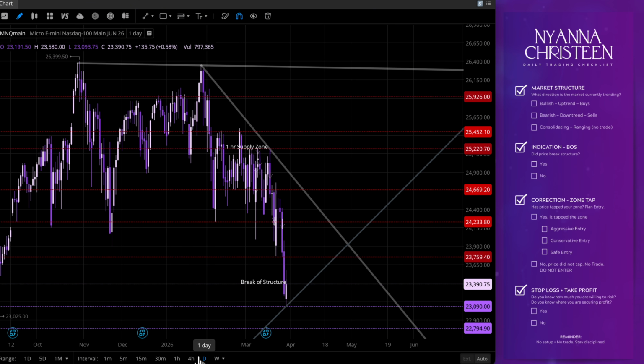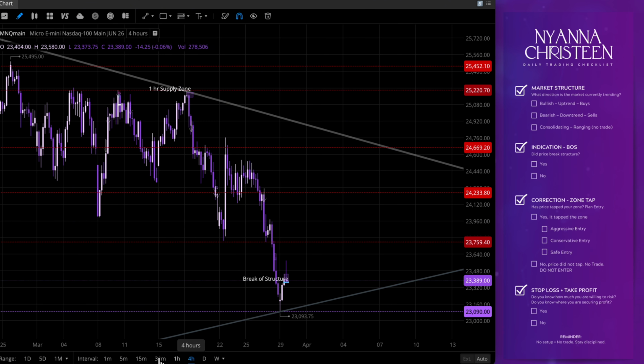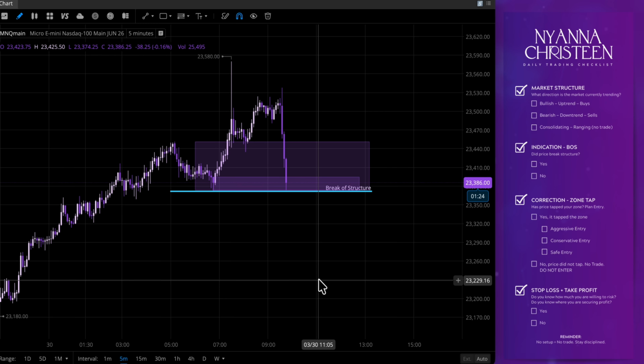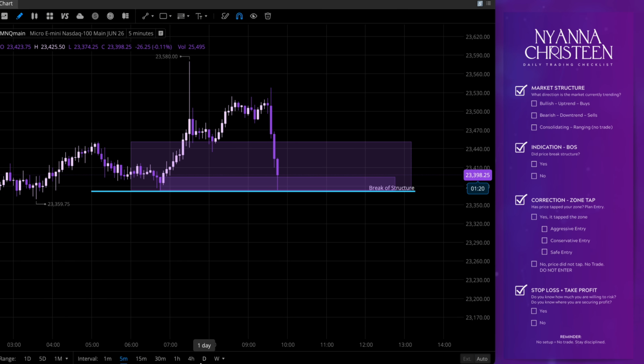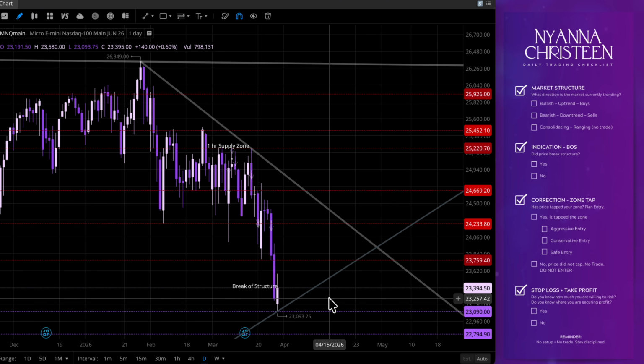Sorry, I'm just trying to make sure everything lines up. The only thing that's not lining up is that daily candle. For the daily candle to line up, we'll have to break this structure. So.